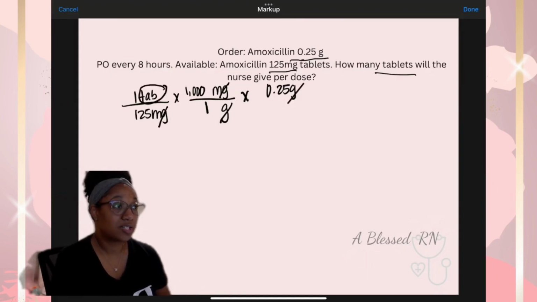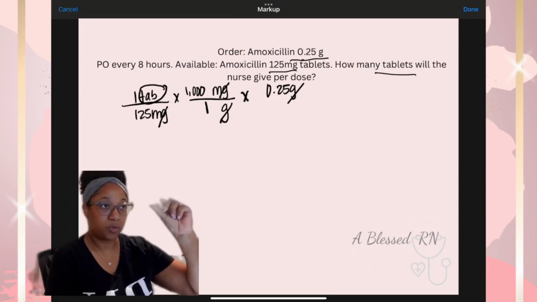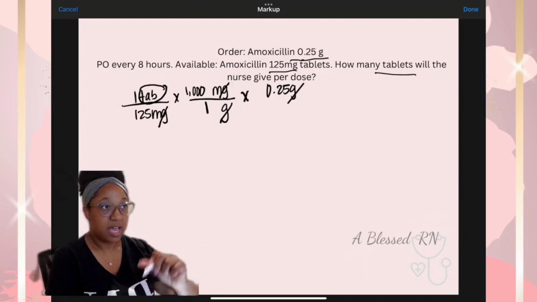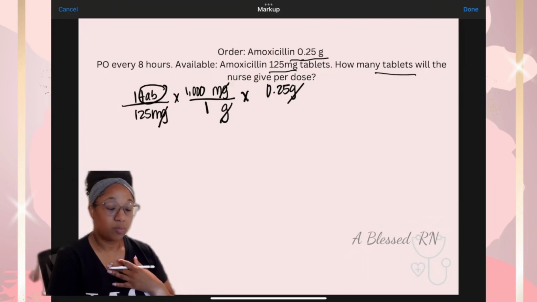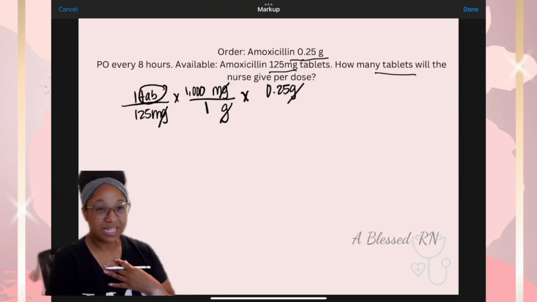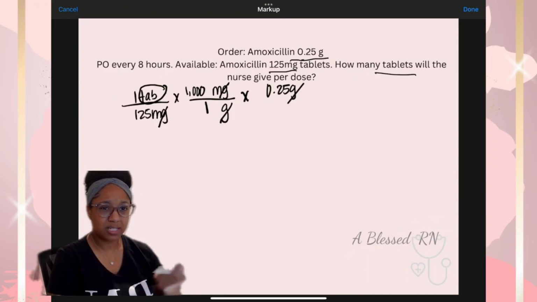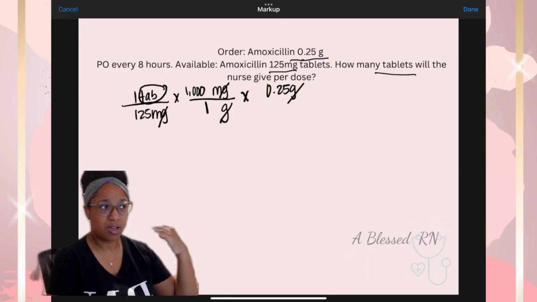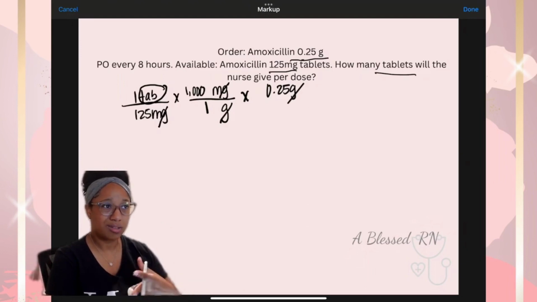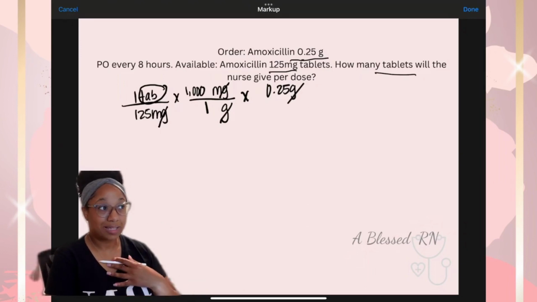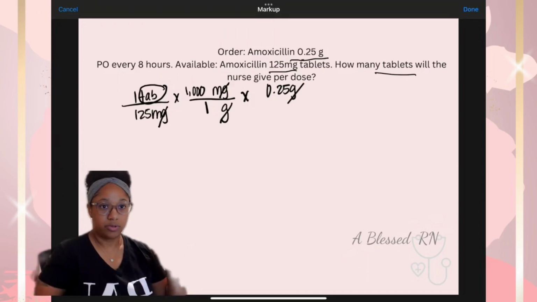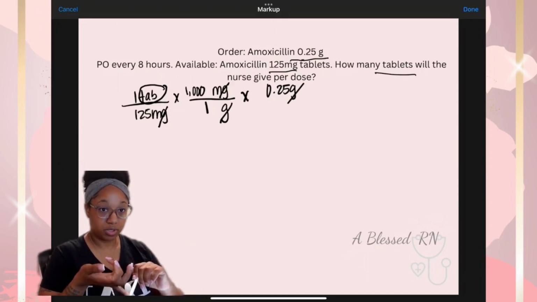Dimensional analysis is just like a puzzle. What's on top, you can cross out what's on bottom. And I like to start with what I'm looking for or what it is that I have. A lot of people don't know how to set up dimensional analysis, and you see all these words and numbers, and you're like, where do I start? That's the rule I like to go with: you either start with what you're looking for, what the question's asking for, or what you have.